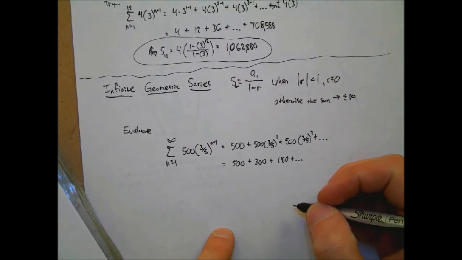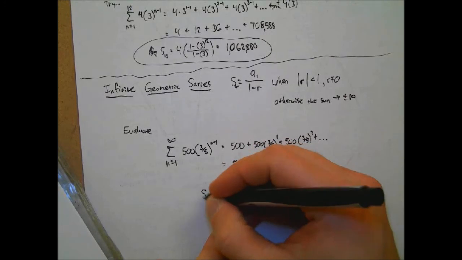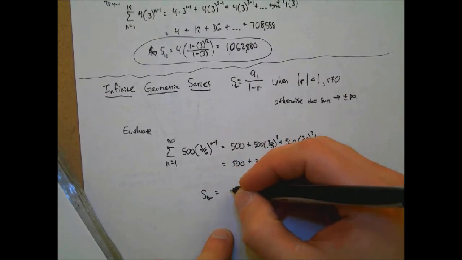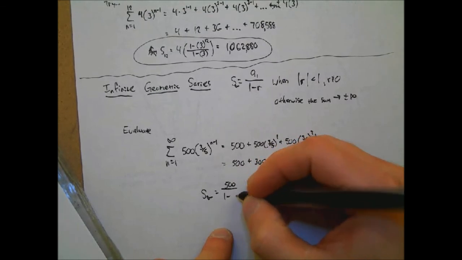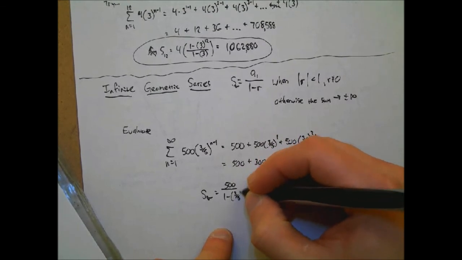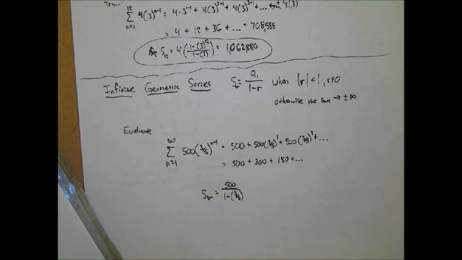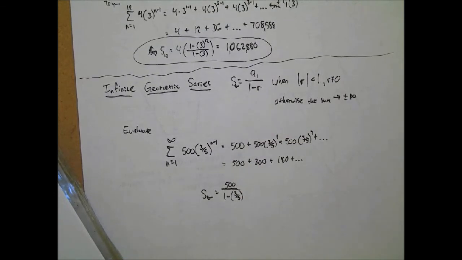How can we find it? Well, we'll just do the sum of an infinite number of things. The first term is 500, and we'll divide it by 1 minus our common ratio of 3/5. Again, be careful how you type this in your calculator. Use a healthy dose of parentheses.